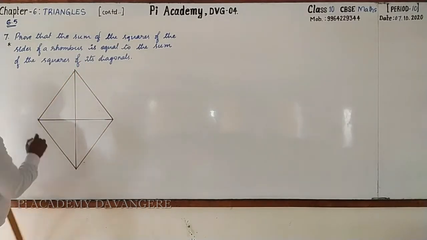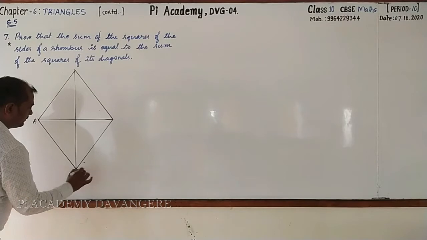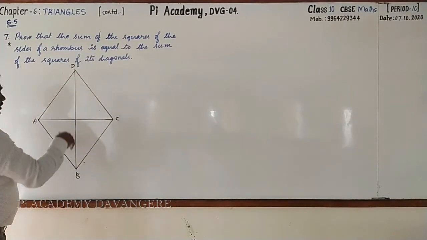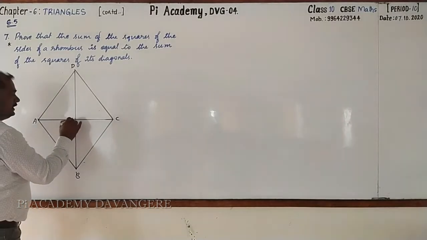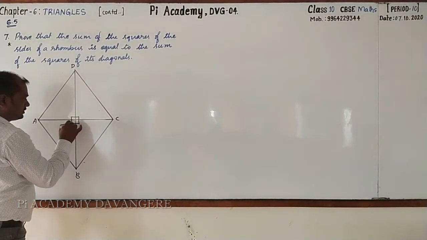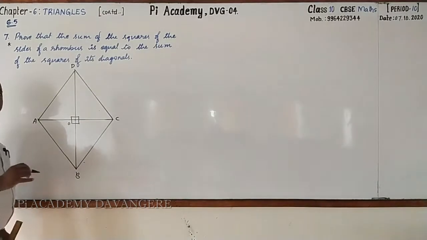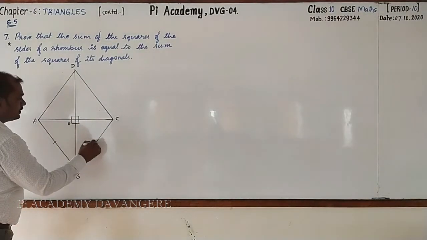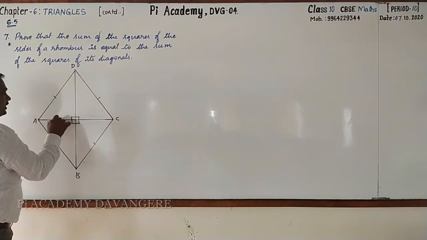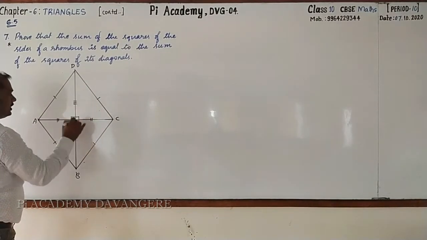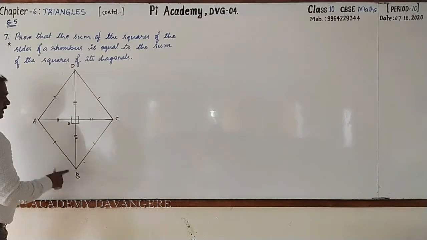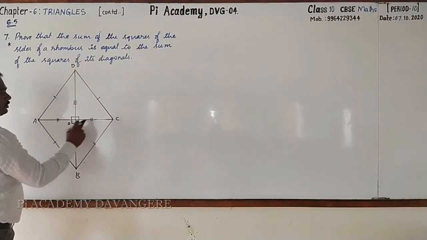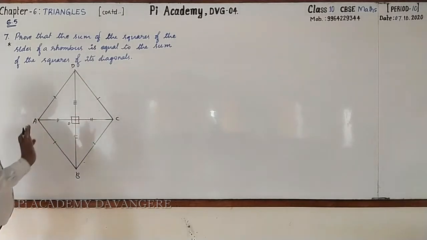A, B, C, D. We know that in a rhombus, the diagonals bisect each other at right angles. Call this point of intersection O. All the sides will be equal and the diagonals bisect each other. Therefore, AB equal to BC equal to CD equal to DA. Then AO equal to CO, DO equal to BO.